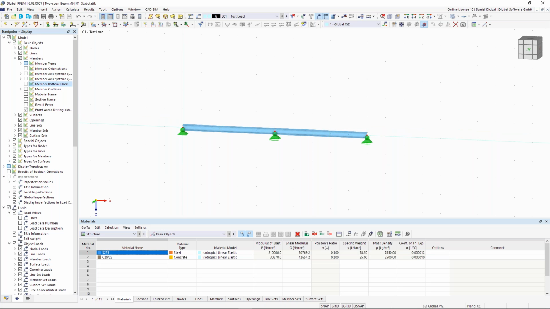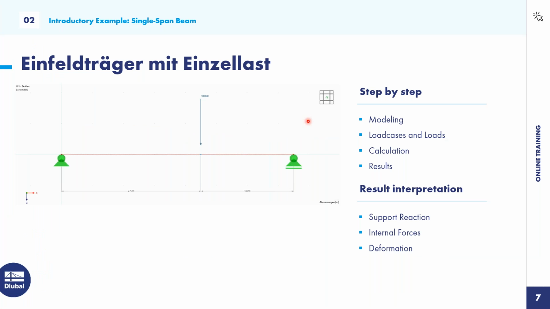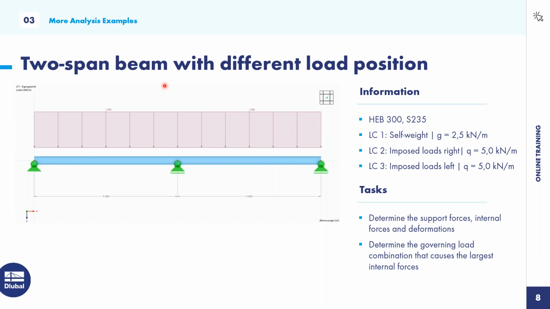So what's next? The next thing is that we consider now different load cases. Because when I refer to my PowerPoint, I will show you my PowerPoint. We have here this two-span beam, and the information about the profile and so on, and also here 3 different load cases.